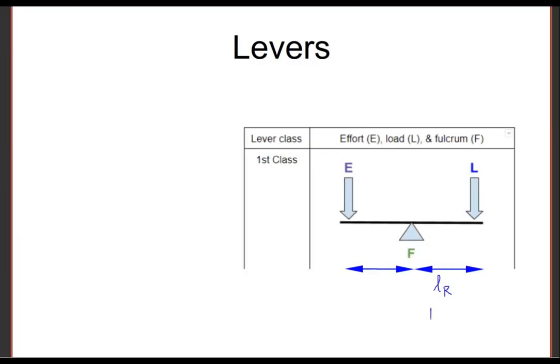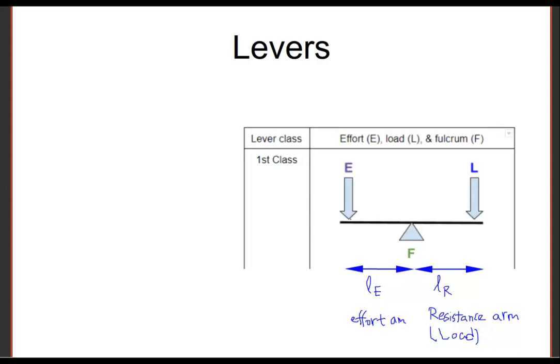This is called the resistance arm or load arm, which is the distance between this force and the turning point or pivot point. At the opposite side, the distance between where we apply effort and the fulcrum is called LE, or effort arm. Okay, so effort arm.